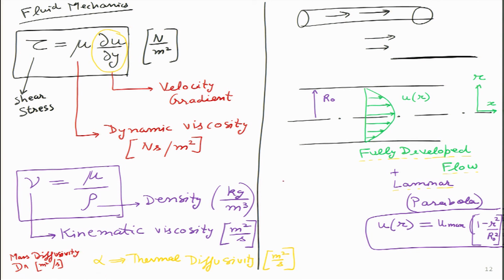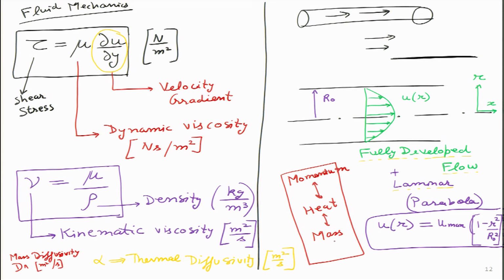So, what I am trying to link over here is that viscosity is something which links with the momentum of the flow. So, momentum diffusivity, heat diffusivity and mass diffusivity are actually all interlinked together because they have the same units as one another. So, all three parameters are interlinked with one another.